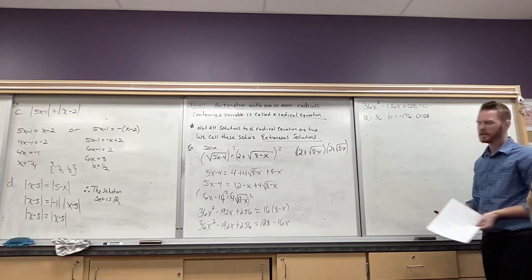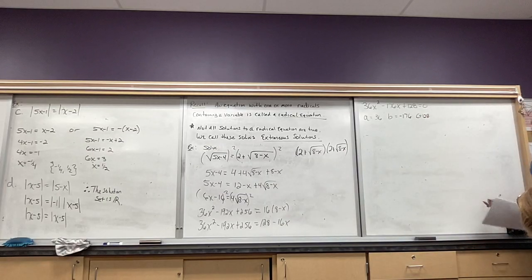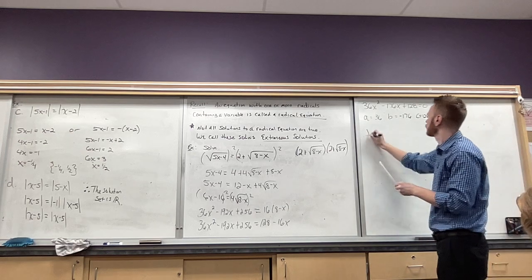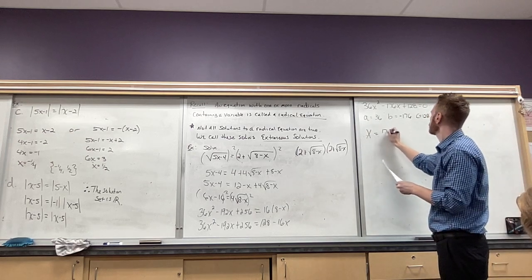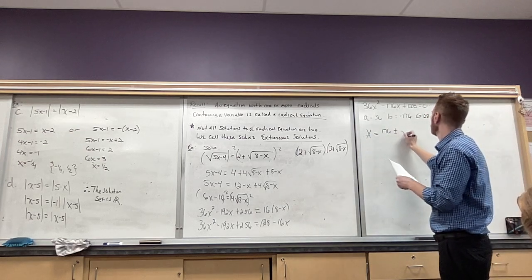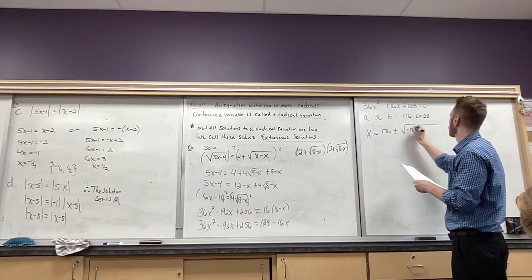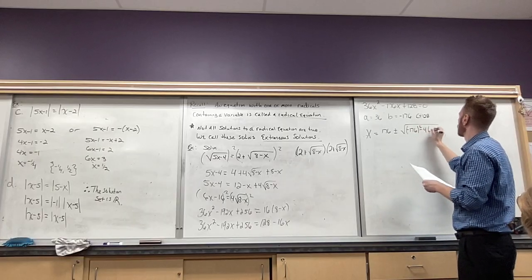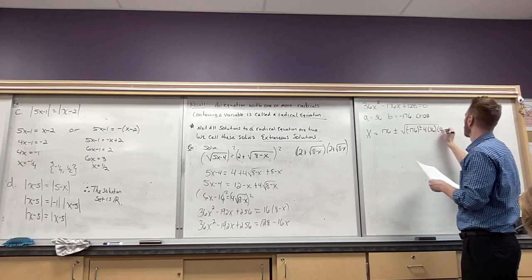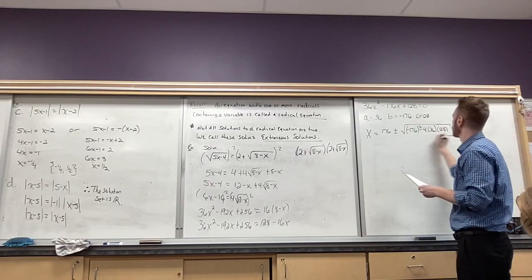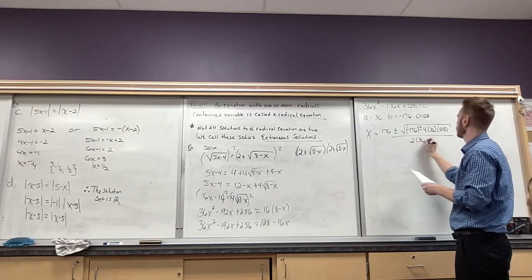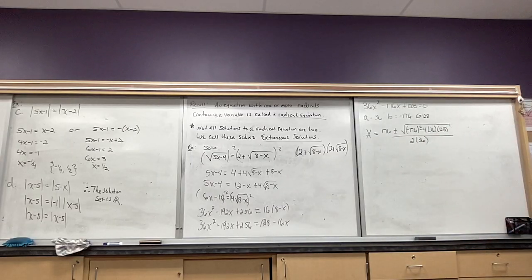Okay? I mean, the quadratic formula is nice to handle those large numbers anyway, so it's no big deal. All right, so this becomes a positive 176 now. Okay, so there's just me plugging those values in.